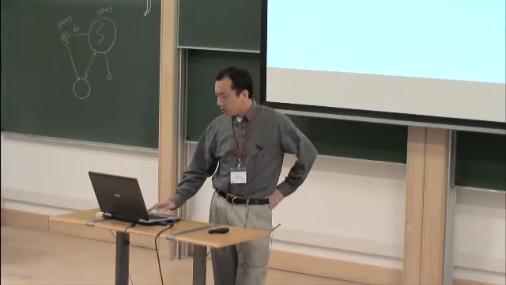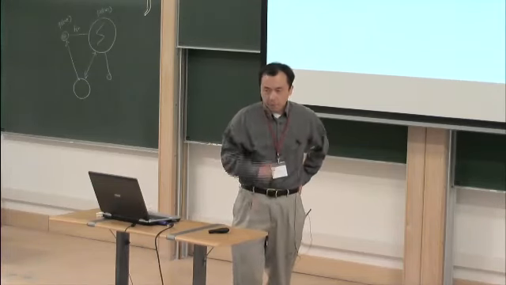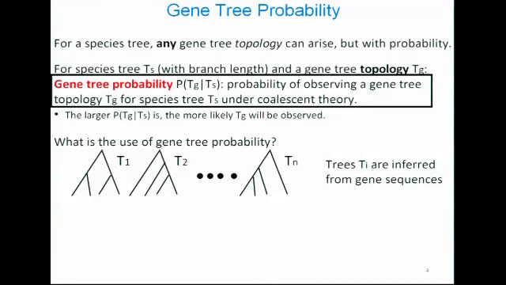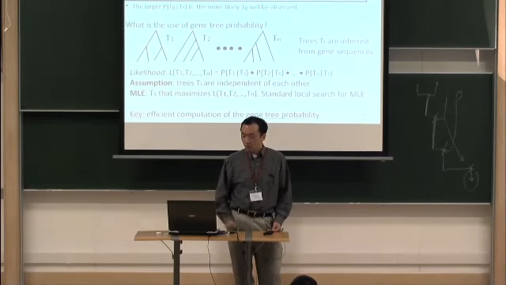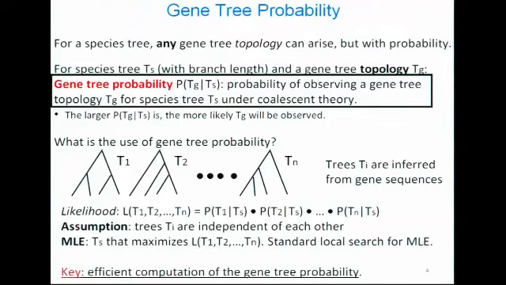So what's the use of gene tree probability? One application I can imagine is that, suppose we infer gene trees from the gene sequences of multiple genes, which are shown here. There are different topologies, and we can define a simple likelihood function. Given these n trees T1, T2, to Tn, we simply take a product of each gene tree probability, of T1 given TS, and so on.